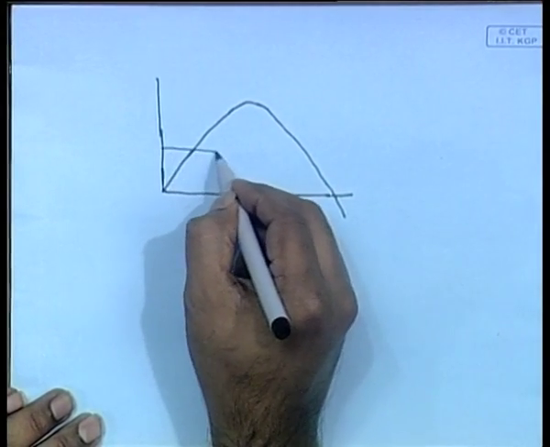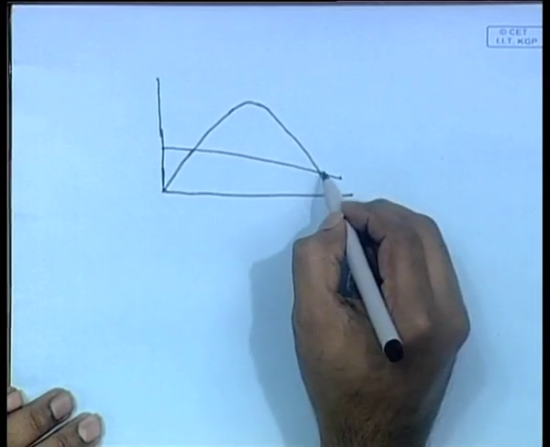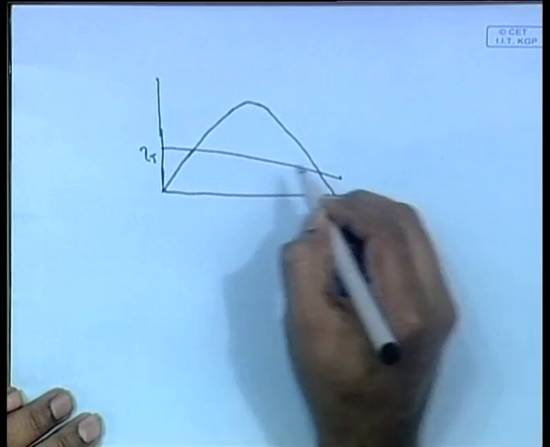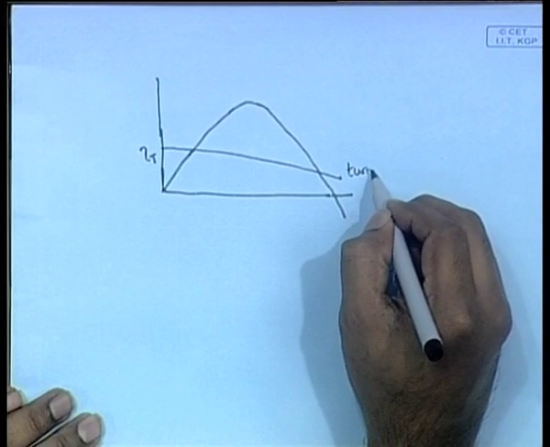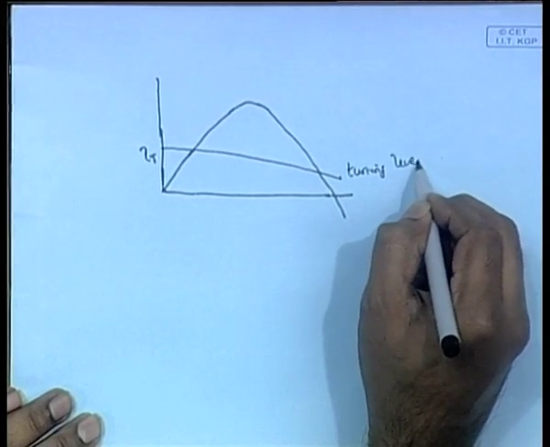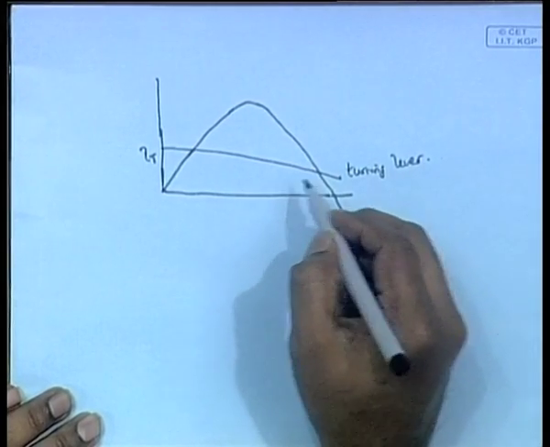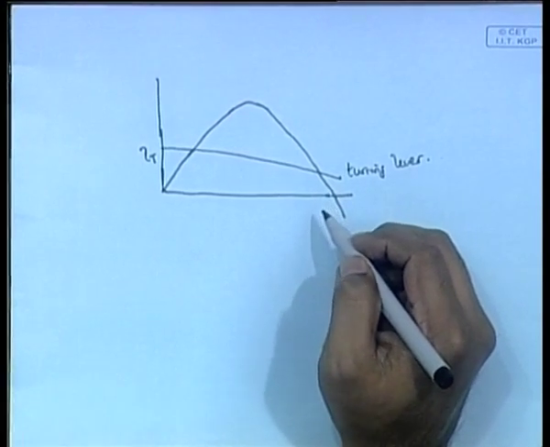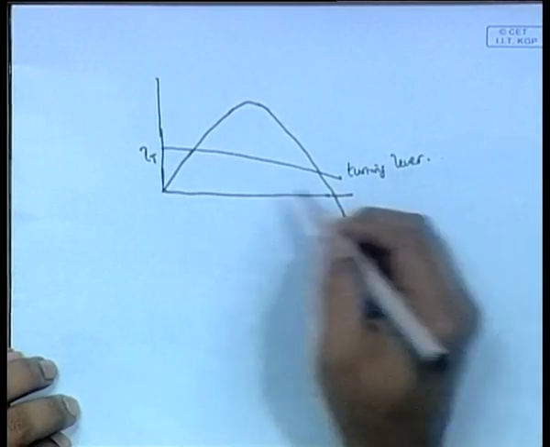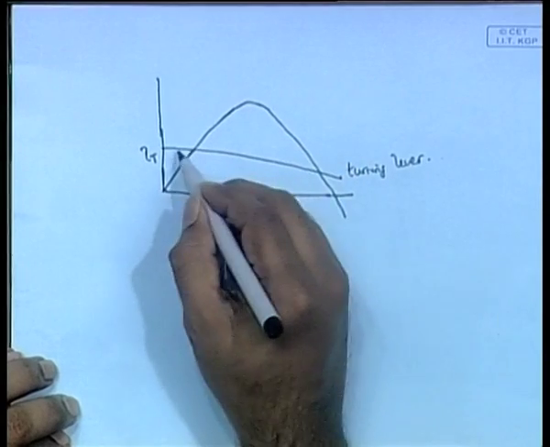If you draw this, we will call it LT, this is the turning lever. So, this is the righting arm and this is the turning lever.